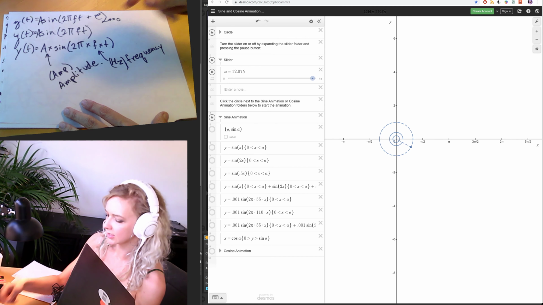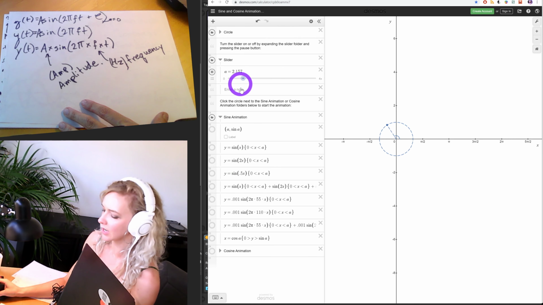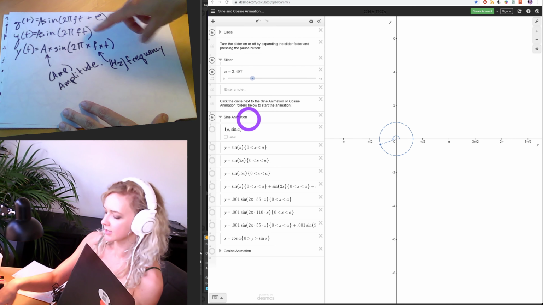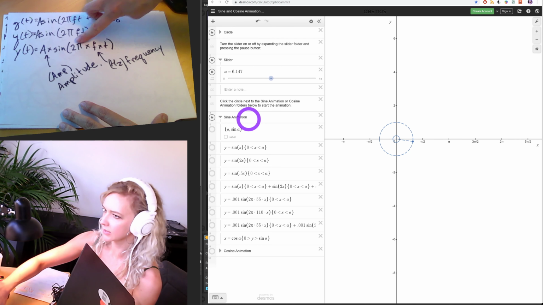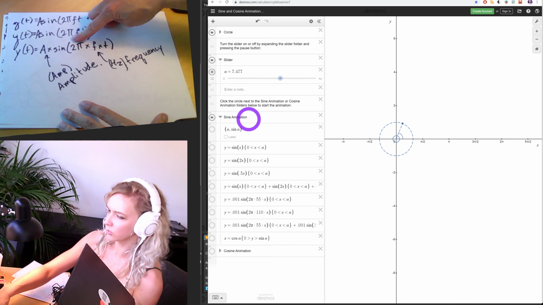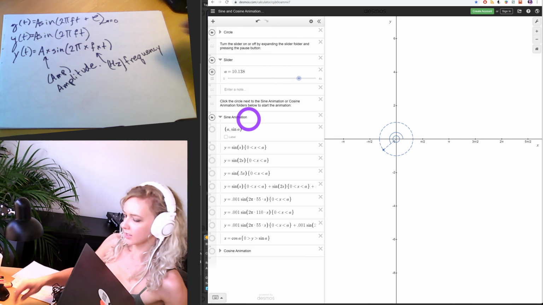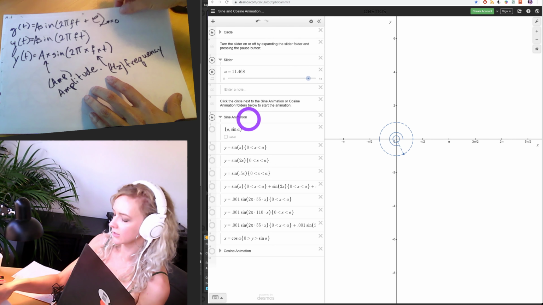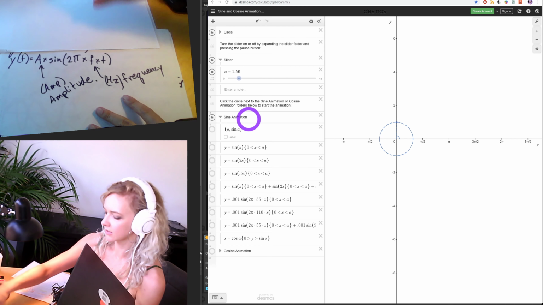So y of t, the vertical axis, the y-axis, is a function of the amplitude multiplied by sine of 2 pi, so 2 times 3.14 basically is just a factor, times the frequency in cycles per second, times time in seconds.